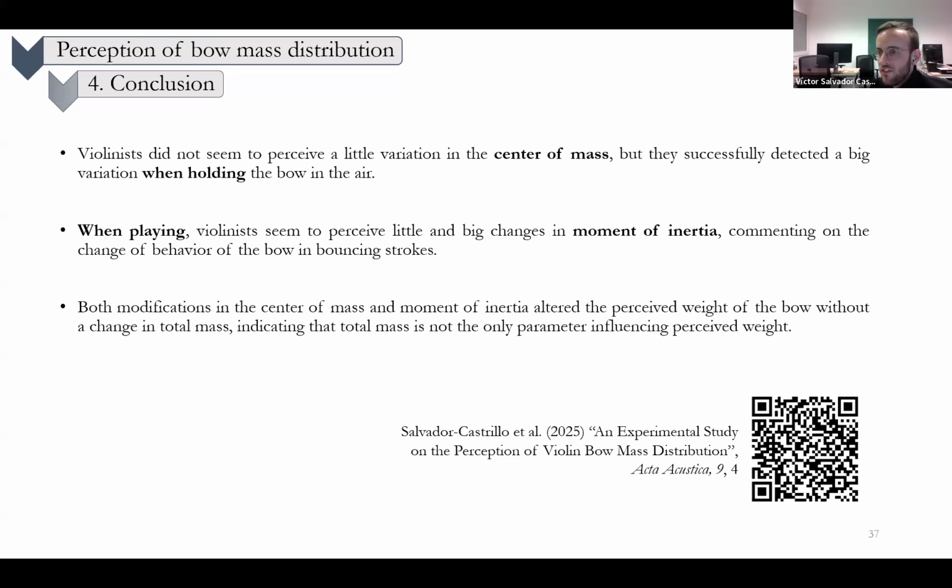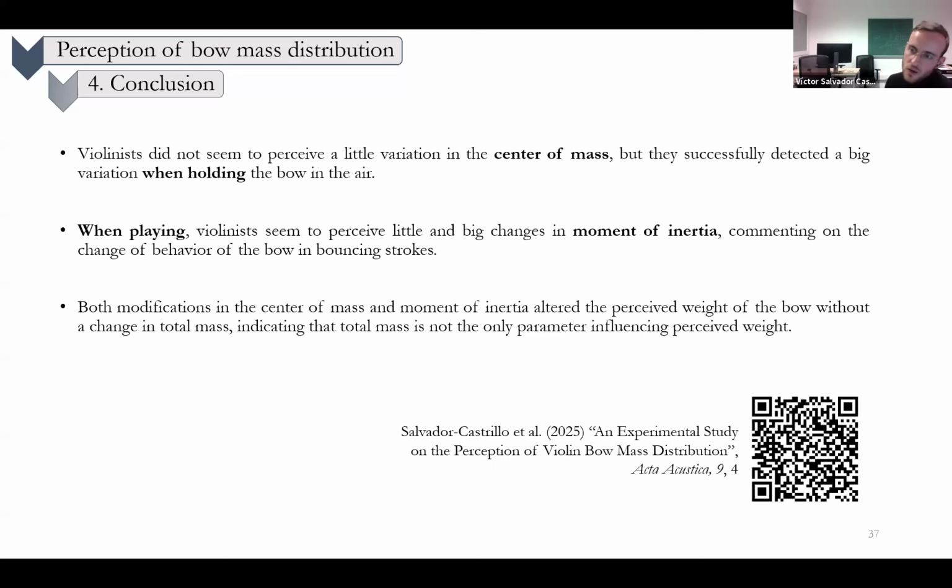So we see that variation in the bow mass distribution alters the perceived heaviness, and we see that people are able to detect even slight changes in the moment of inertia of the bow when playing.